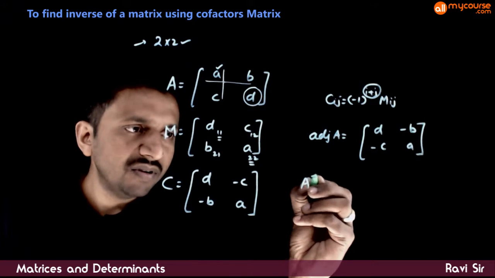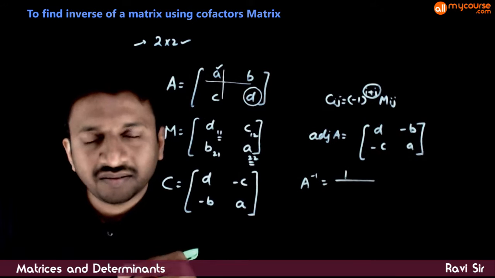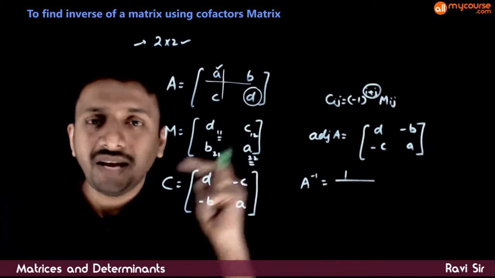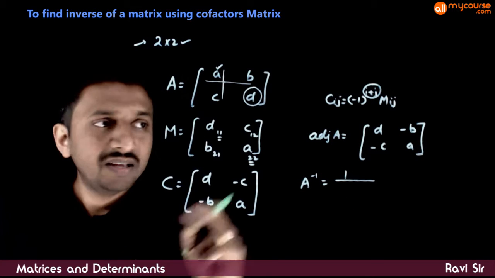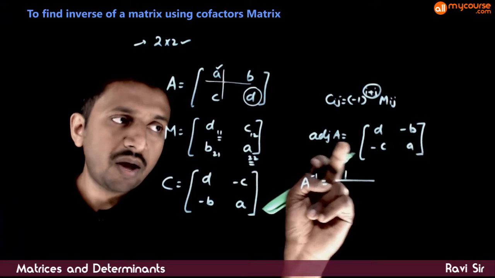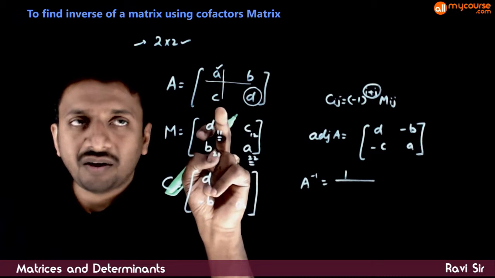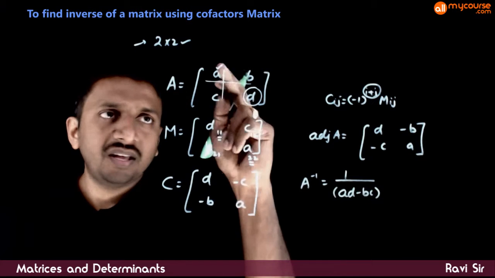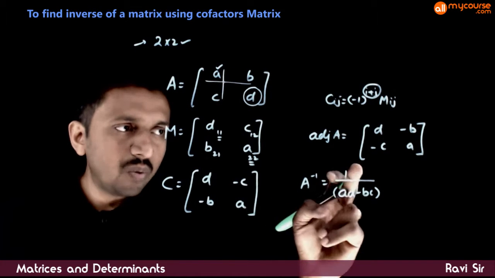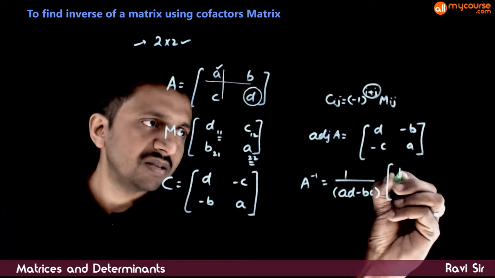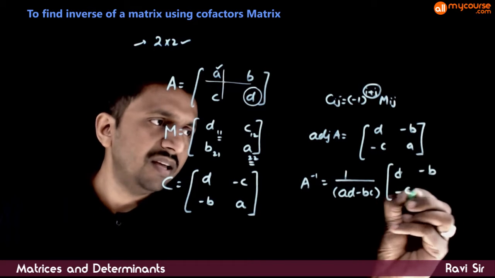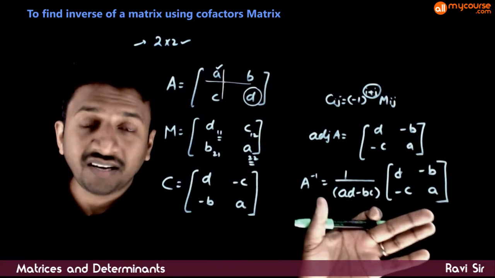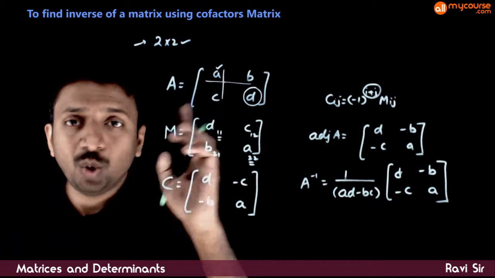So what is A inverse? 1 by the determinant of this. Adjoint of A by det A is the inverse. So A inverse is 1 by, what is the determinant of a 2 by 2 matrix? AD minus BC. So 1 by AD minus BC times D, minus B, minus C, and A. So this is the direct inverse for a 2 by 2 matrix.